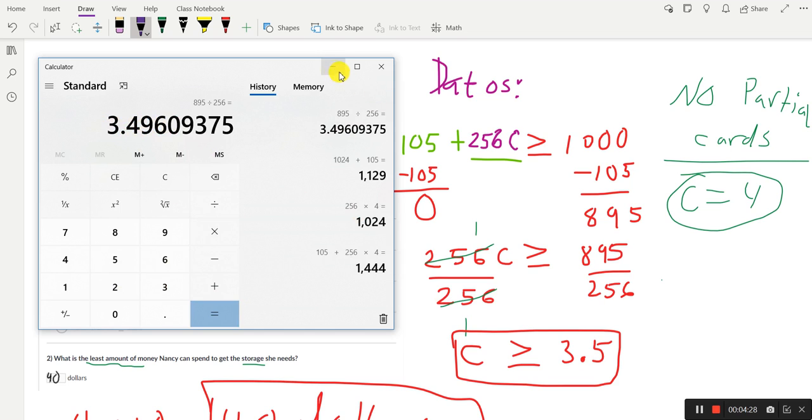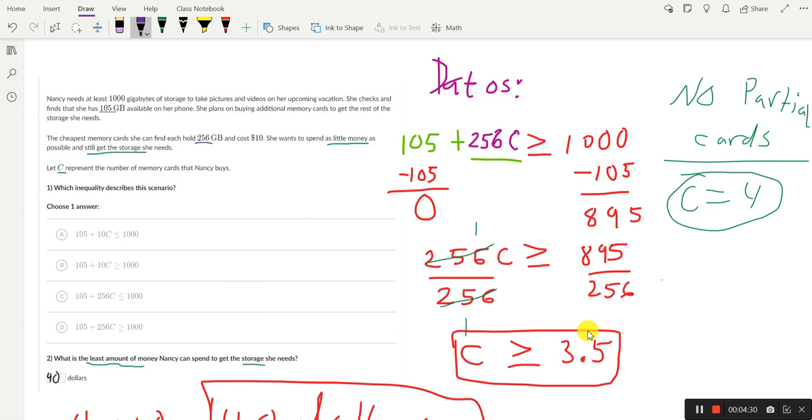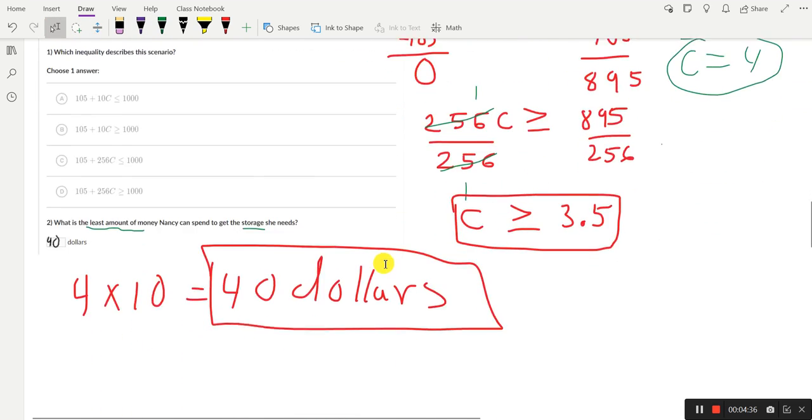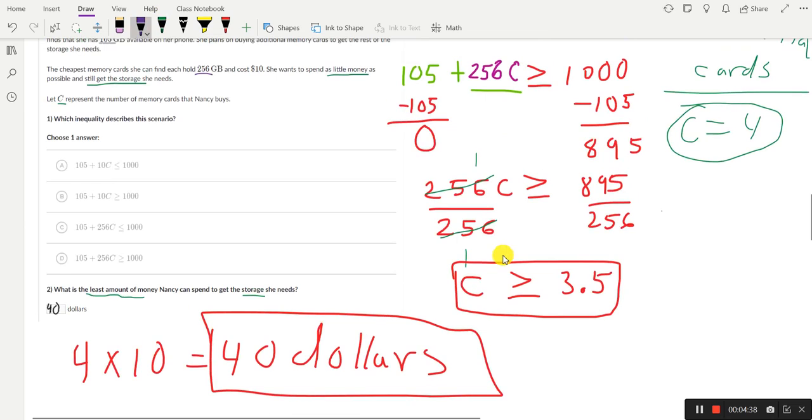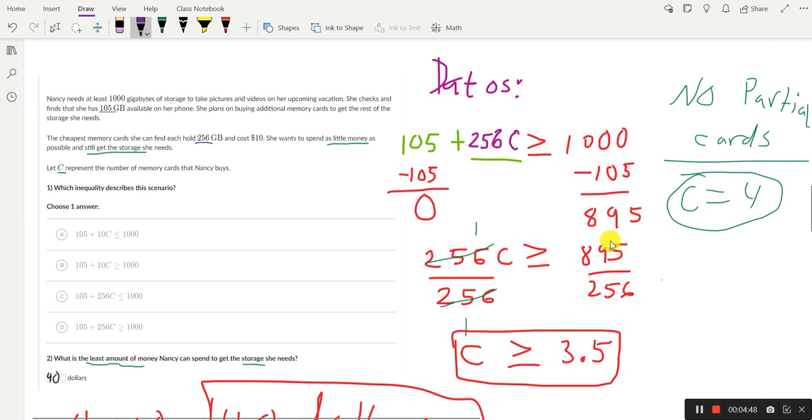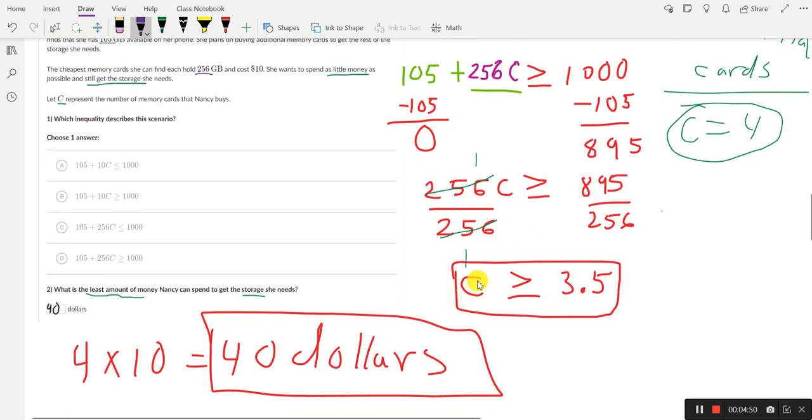All right. So you have this number here, but they're not asking you for the number of cards. They're asking you what is the least amount of money Nancy can spend to get the storage she needs. Well, C, what does C represent?